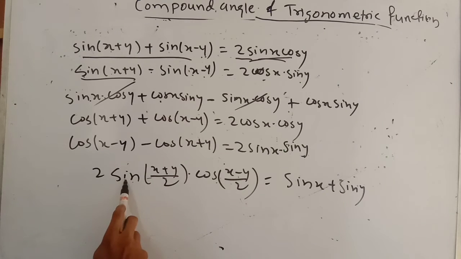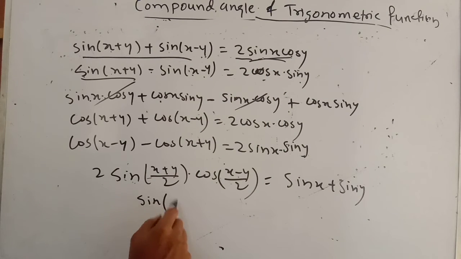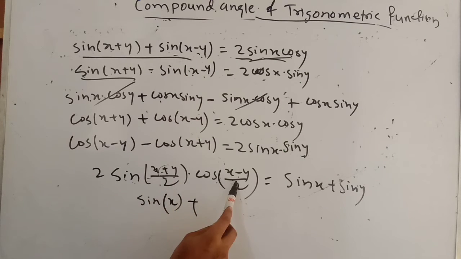How? When you use sin A cos B, you write sin(A+B): x plus y over 2 plus x minus y over 2, the y's cancel, and it becomes sin x. Then plus sin(A-B): subtracting, the x's cancel, y by 2 plus y by 2, it becomes y, so it becomes sin y.